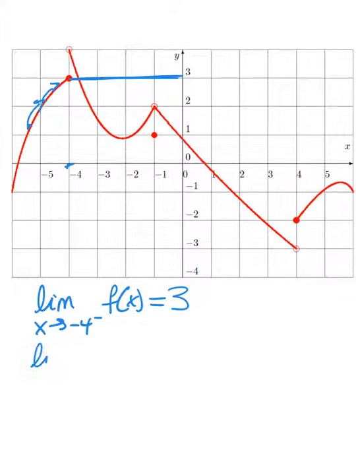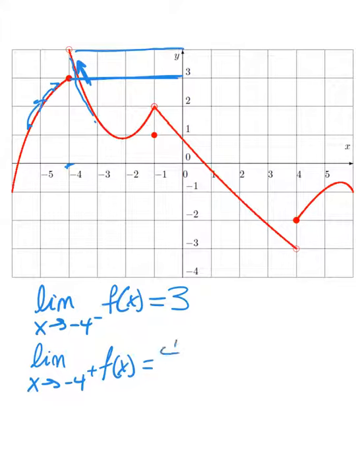Try the other side now. The limit as x approaches negative 4 from the right. So I'm back at negative 4, except now I'm going to the right. That's this side. And as I get closer and closer to negative 4, my y is actually getting closer to 4. This is our situation.